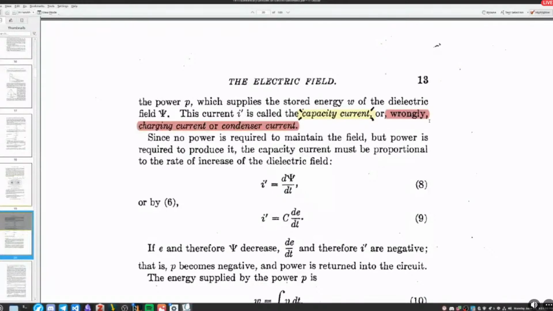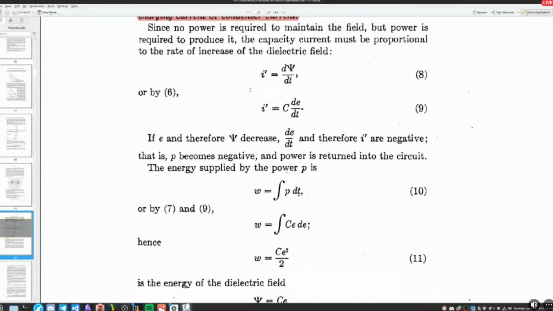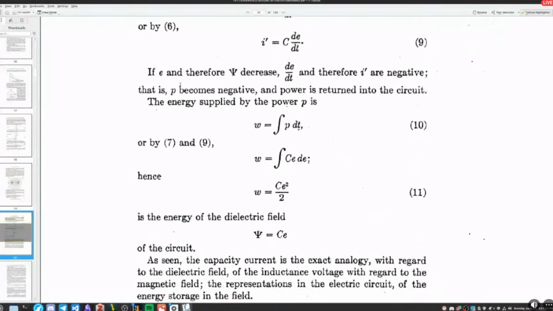I prime equals d psi over dt, or by figure 6, I prime equals C times dE over dt. If E and therefore psi decrease, dE over dt and therefore I prime are negative, that is, power P becomes negative, and power is returned into the circuit.